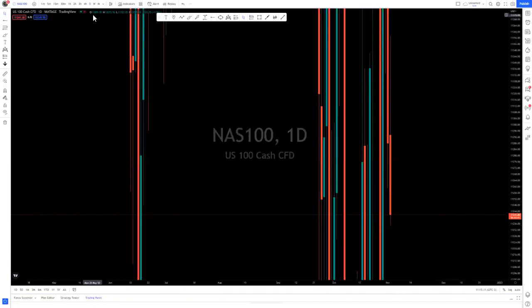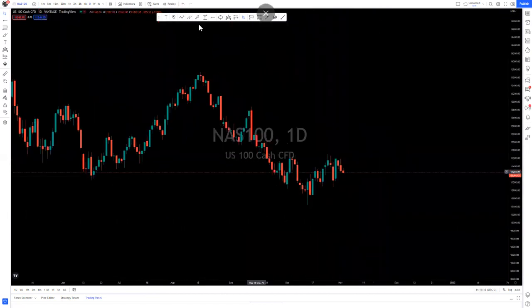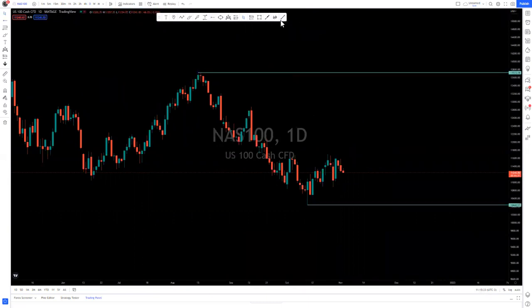So now we are on NASDAQ, daily time frame. Higher high, lower low. Trend line to the lows, trend line to the highs.